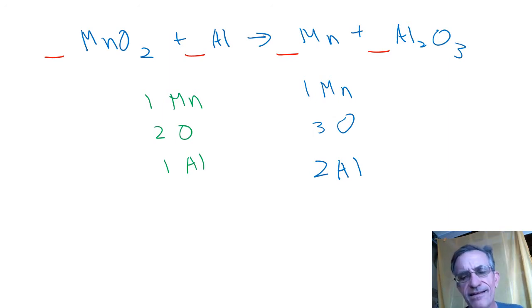The way we're going to fix them is to put in coefficients. This is sort of something you saw earlier when we were writing formulas. If we look at oxygen right now, the problem I notice is we've got 2 on one side and 3 on the other. How are you going to get 2 and 3 to match up?